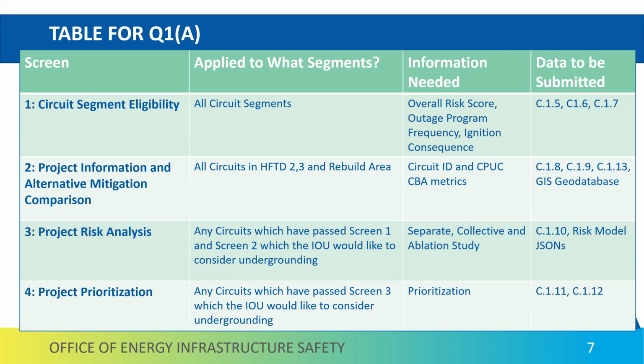I generally think I understand your concern, but the word validation is kind of getting at us. Screen 3 is a more granular and in-depth look at aspects of a circuit segment. Do you think that's necessary for validation?